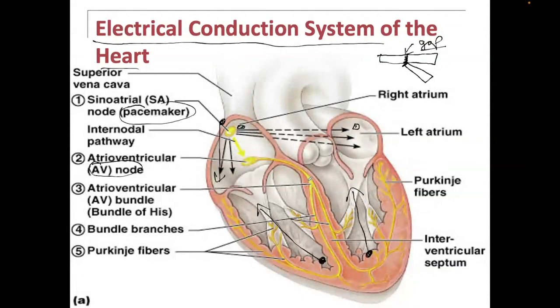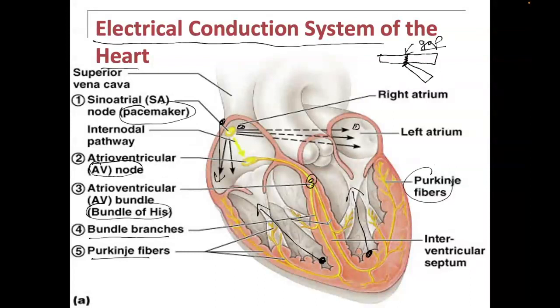It's a wall. So the electrical current after the AV node, number 3, right here, is called the bundle of His. The bundle of His then divides into a left bundle branch and a right bundle branch. And again, these branches are hidden in the myocardium until it gets to the very end, where we have Purkinje fibers.